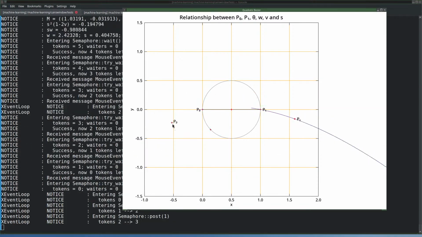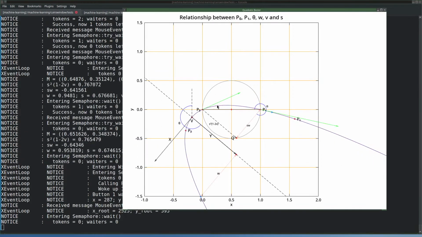And instead of P beta, define this green arrow. Yep, we don't have P beta, but we do have the direction, the tangent in P0.